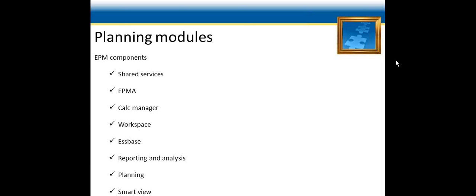The next component is the Calculation Manager. Calculation Manager enables you to use a graphical user interface to create calculation scripts. Workspace. Workspace enables you to navigate and manage planning applications.